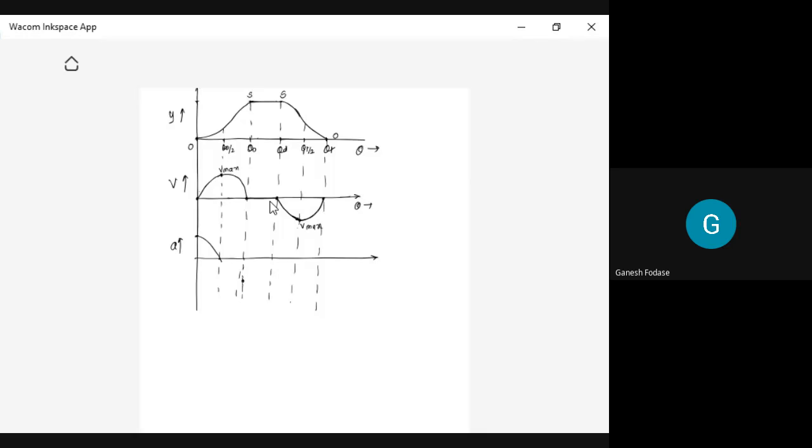It starts from 0... from maximum, reaches 0 at the mid, and again reaches a maximum but in the opposite direction. Then during the dwell period, at the start of the dwell and at the end of the dwell, it is 0. So during this period acceleration is 0. So this is your graph during rise and during dwell.